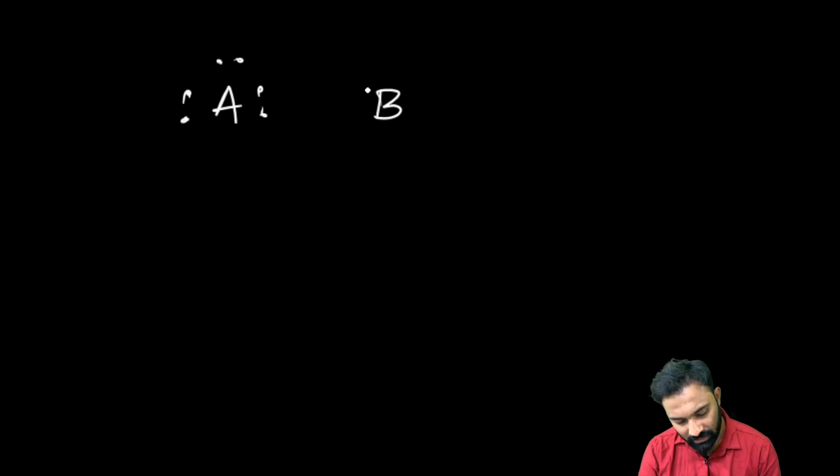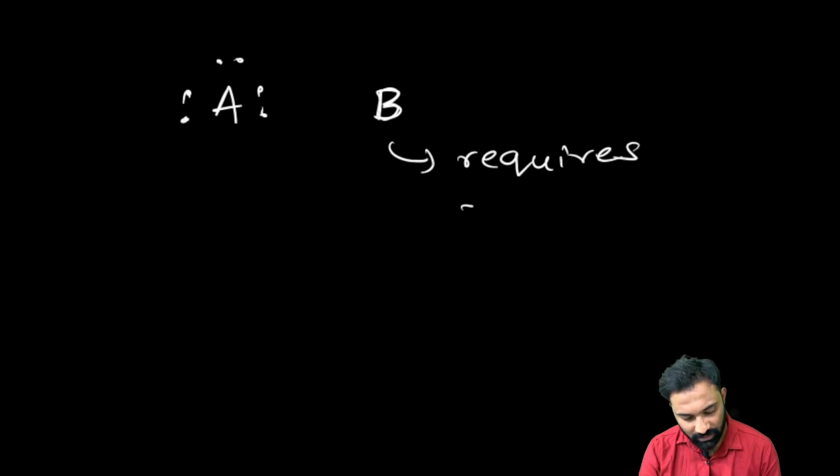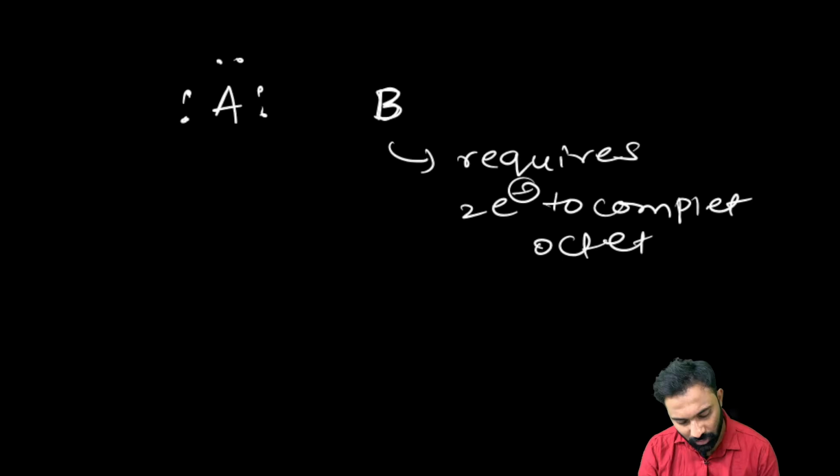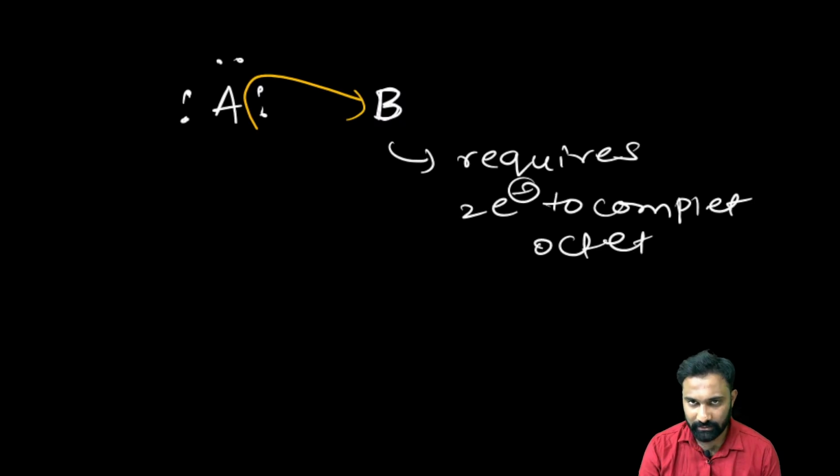Now this B, to complete its octet, requires two electrons. If this electron pair of A is donated to B, then A will lose its octet.